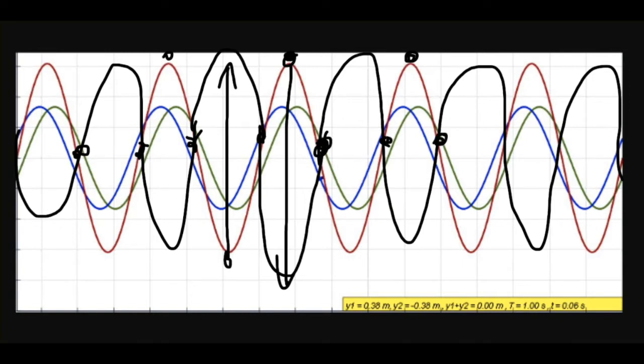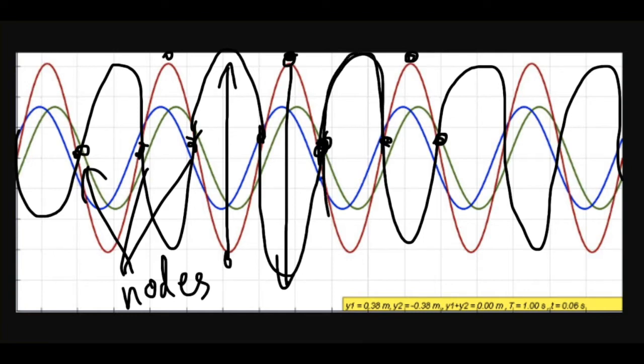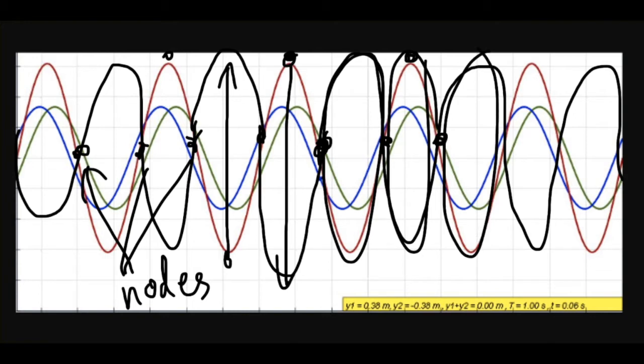I could actually hold on to one of those places. Those are called nodes. But these big places in the middle are going to go up and down and up and down and up and down. Those are called loops, or antinodes.